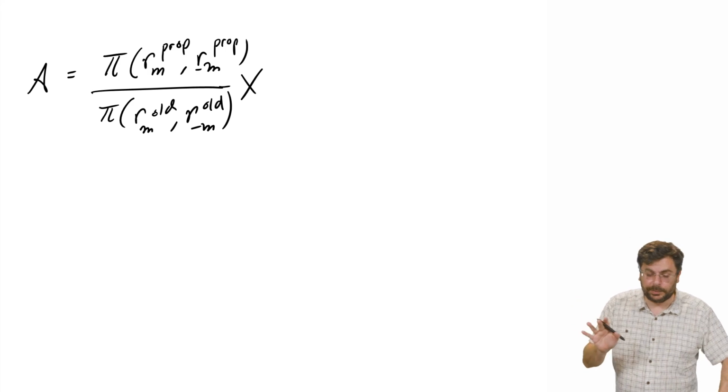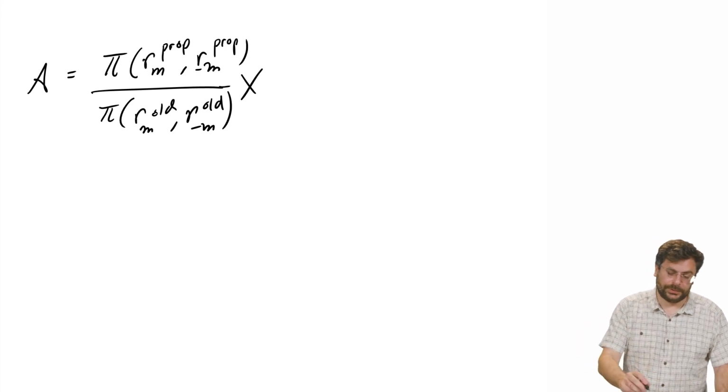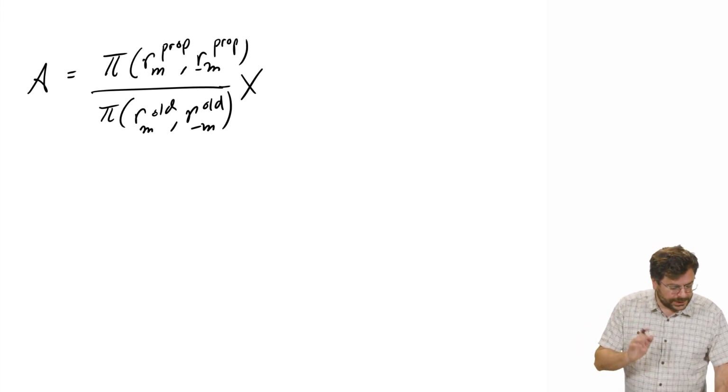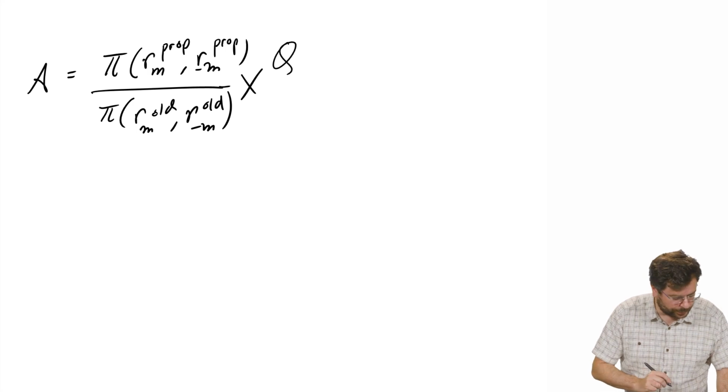And now I have to multiply by the ratio of the proposal distributions, right? So this is the ratio of the targets, and now I have to multiply by the ratio of the proposals.